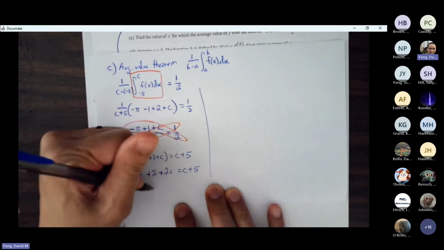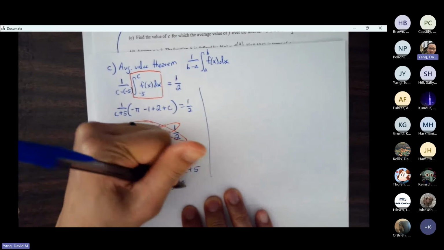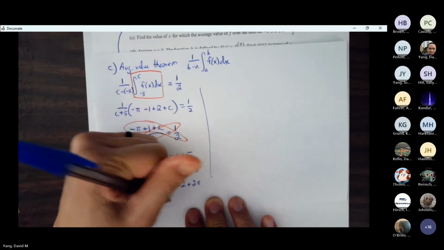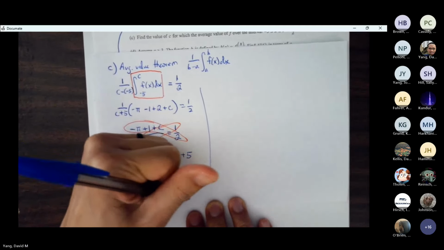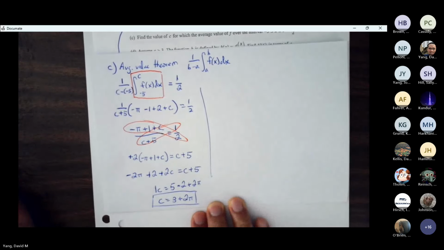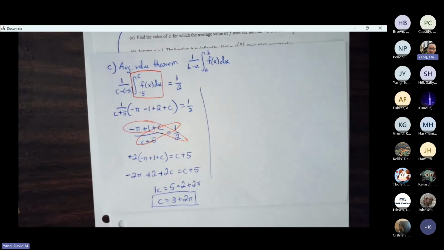So 2C minus C is just going to be 1C. And I get 5 minus 2 plus 2 pi. So there's part C.